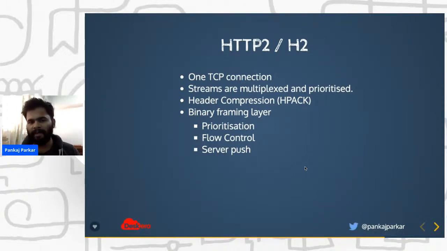But in HTTP2, once the server and client make a connection, that will be alive throughout the communication. Also, they have introduced header compression, which wasn't possible before, and you can also prioritize your framing layer, and you can do a server push so that there's no need to make another call. So that's HTTP2.